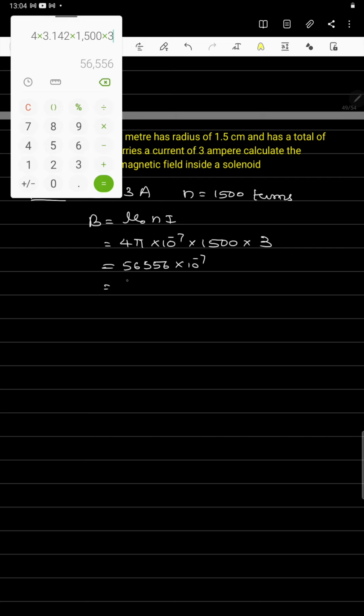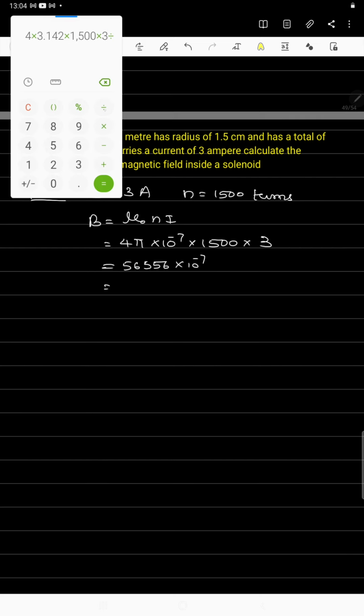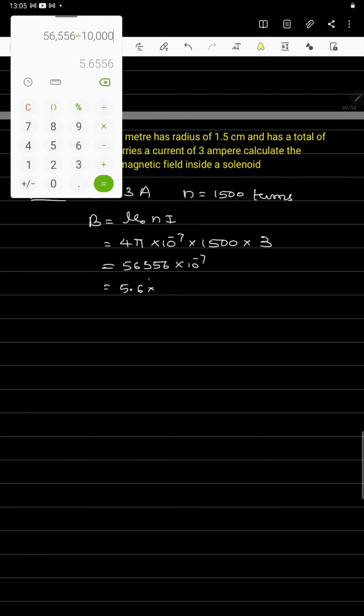We write this as 5.6556 into 10 to the power of minus 3 Tesla. So this is the magnetic field produced inside the solenoid: 5.6556 into 10 to the power of minus 3 Tesla.